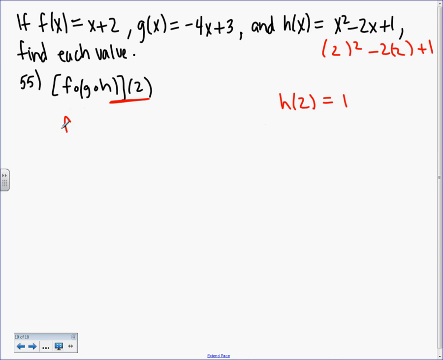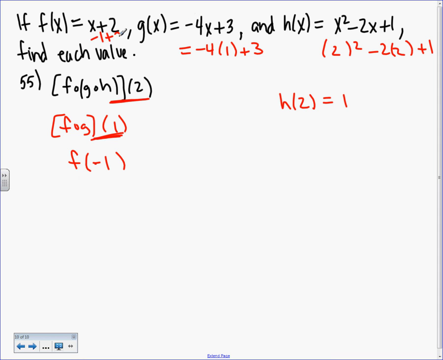So now my problem says f of g of 1, because h of 2 I'm replacing with a 1. So what's g of 1? Negative 4 times 1 plus 3. Negative 1, yeah. So now I'm taking that answer and putting it into f.